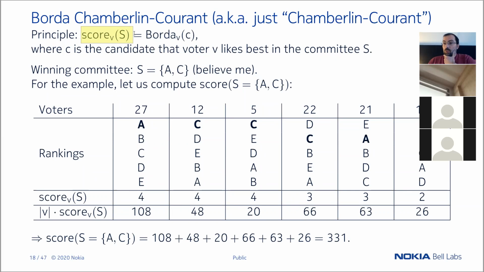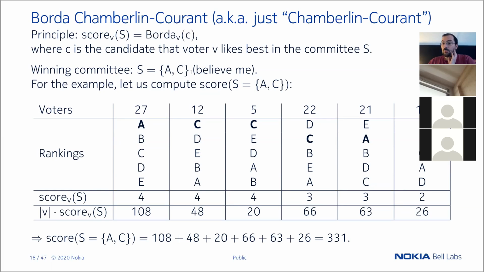So if you use Borda score as a measure of happiness, your happiness for a committee is the Borda score of the candidate that you like the most in the committee. In that example, the winning committee would be AC, and once again, I will ask you to believe me.